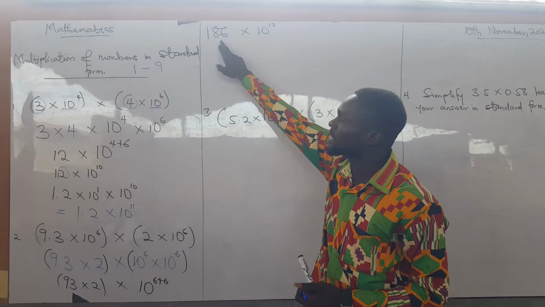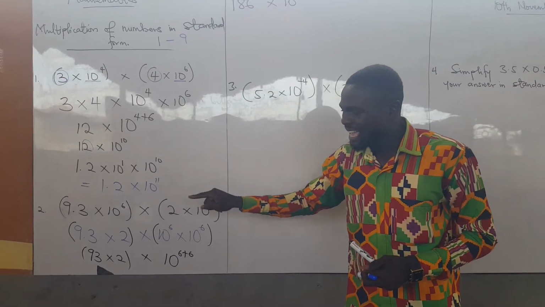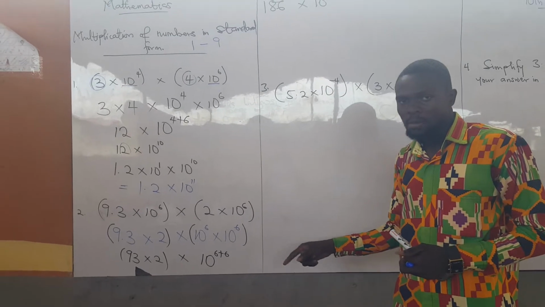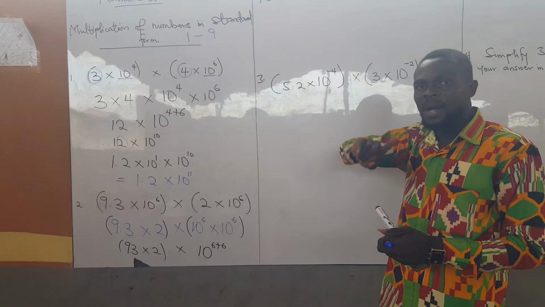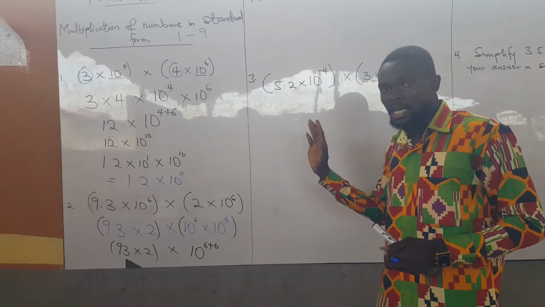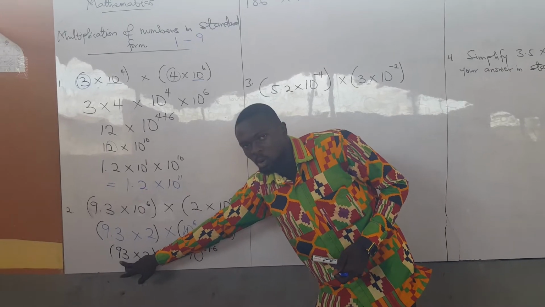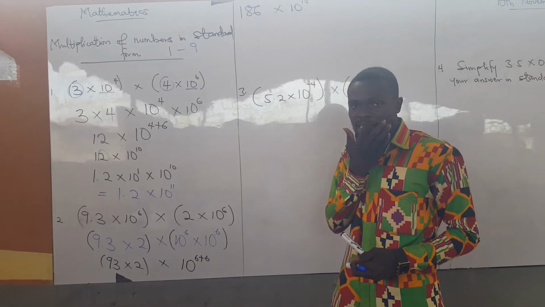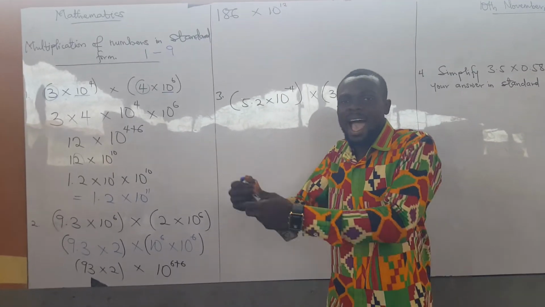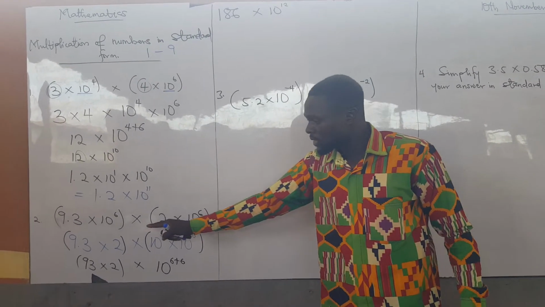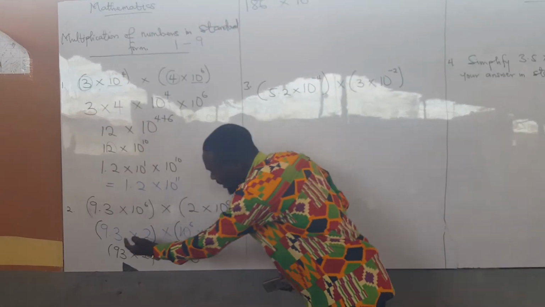Now this 186, if you will remember, the number was 9.3. But we took off the decimal point. So now we have to bring back the decimal point again, because it was a decimal and we took off the point to make it a whole number. But we are going to ask this question: how many numbers were after the decimal point? With this, we can see that the number after the decimal point is 1, which is the 3.